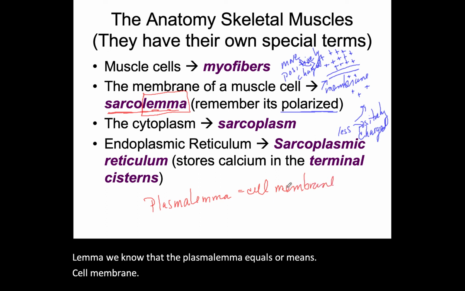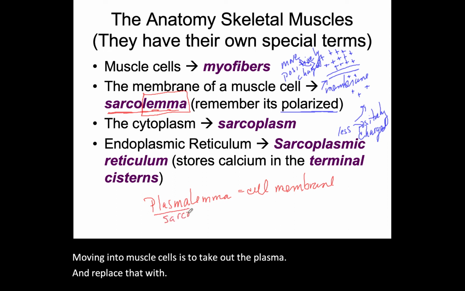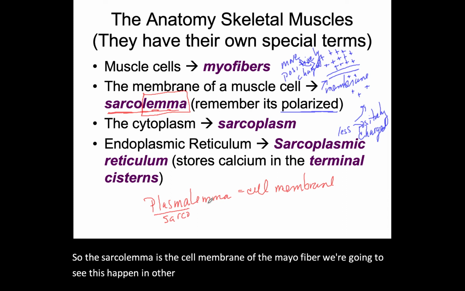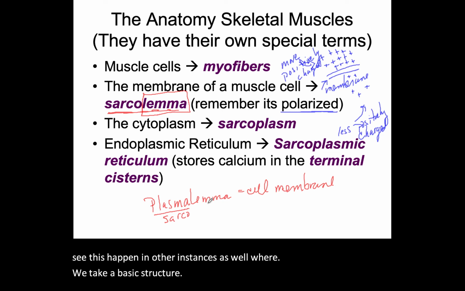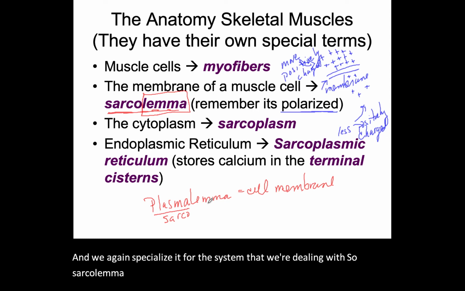All we've done moving into muscle cells is to take out the plasma and replace that with sarco. So the sarcolemma is the cell membrane of the myofiber. We're going to see this happen in other instances as well, where we take a basic structure and we again specialize it for the system that we are dealing with. So sarcolemma is simply the membrane that is surrounding the skeletal muscle fiber.